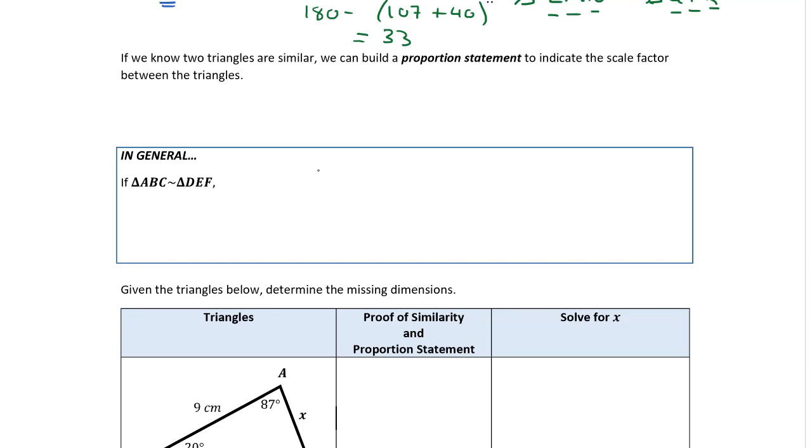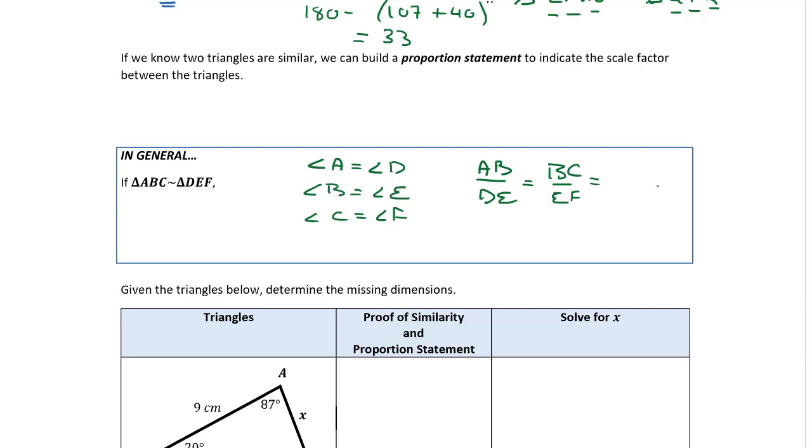If we know that triangle ABC is similar to triangle DEF, we know that angle A is equal to angle D. We also know that angle B is going to be equal to angle E. And finally, we know that angle C is going to be equal to angle F. The proportional statement for these triangles is side AB over side DE is going to be equal to side BC over side EF, and that's also going to be equal to side CA over side FD.